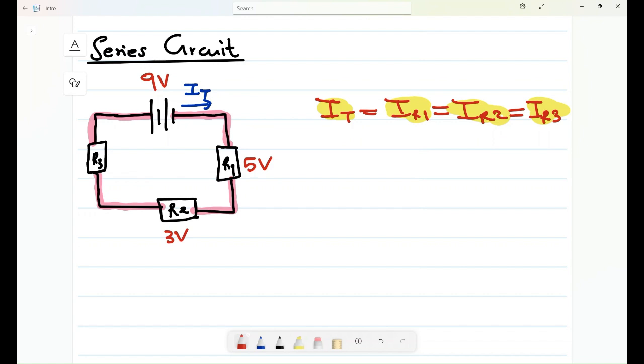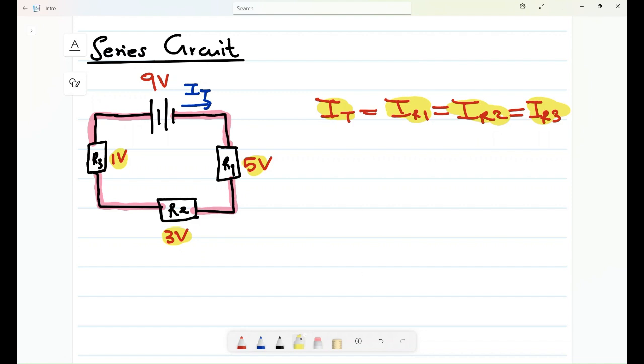Can you see that I still have enough voltage to supply the R3, which is 1 V? So the total voltage should be shared across the components that are connected in series. It should be shared among them.